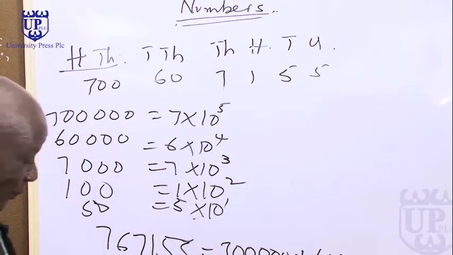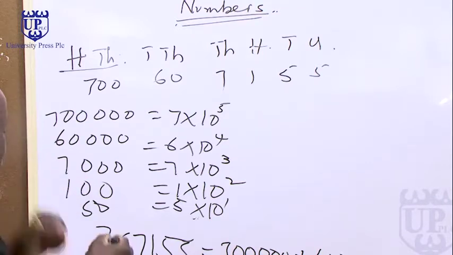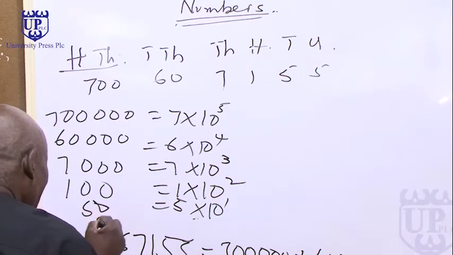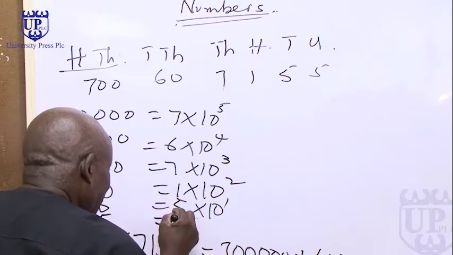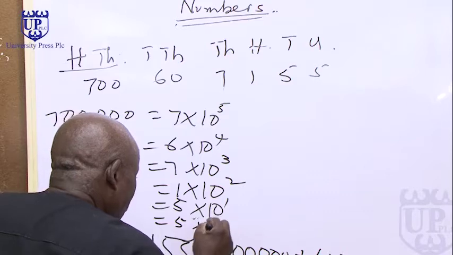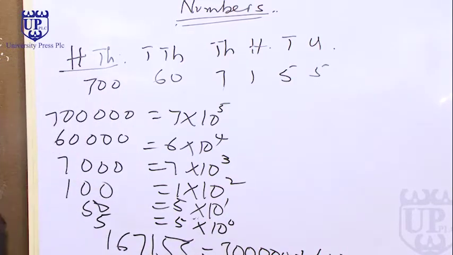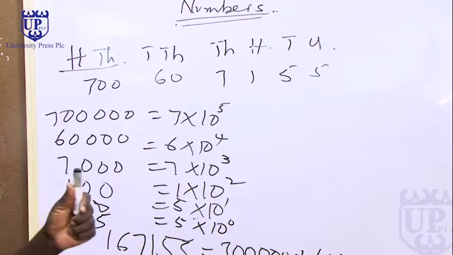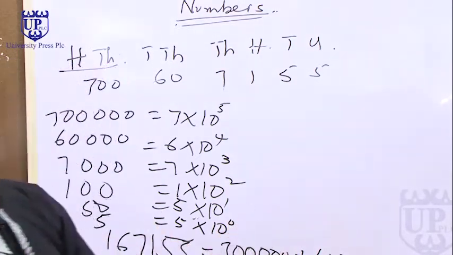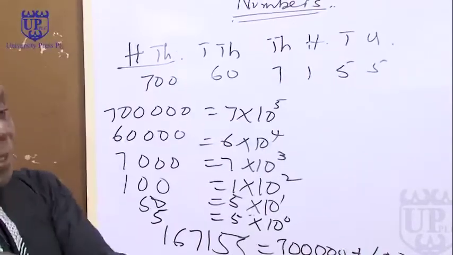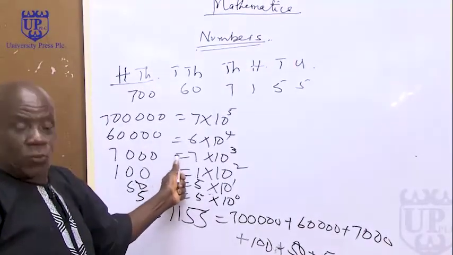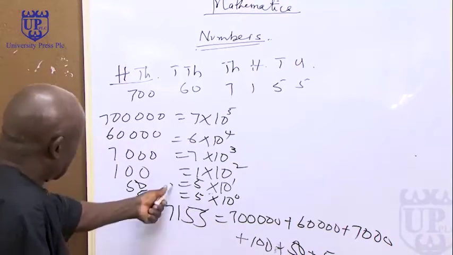And 5 is the same thing as 5 multiplied by 10 raised to power 0, because any number raised to power 0 is 1. Now from here, don't be frightened when you have to change from base 2 to base 5, from base 3 to base this, it is still the same thing you were taught right from primary school. What is the meaning of all this?